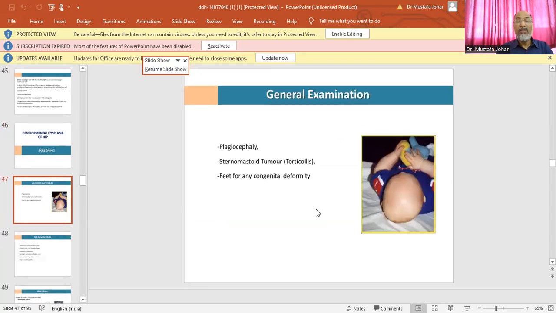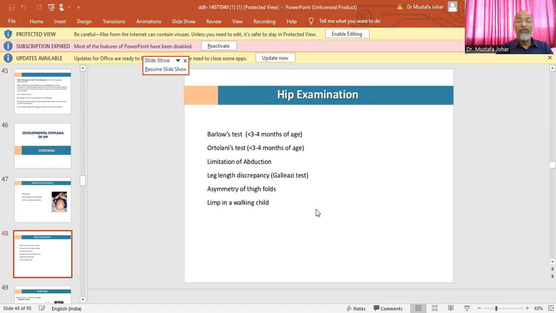Then, as I said, the screening and general examination is done, and if plagiocephaly, sternomastoid tumor, or feet or any congenital deformity is seen, and it is associated with DDH, one should make a point of examining the hip joint, because these three or four things are usually found in combination, and hence they point you towards the presence of DDH.